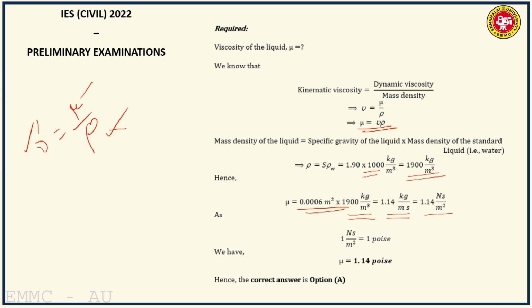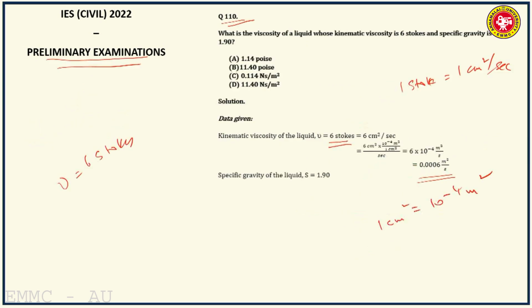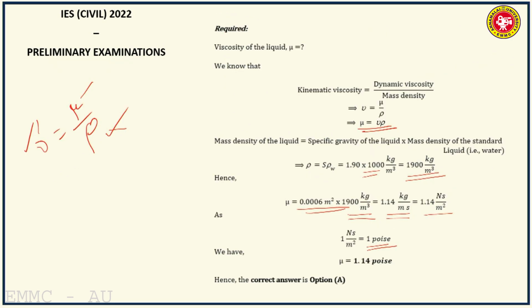1 Newton second per meter square is 1 poise. So 1.14 Newton second per meter square is 1.14. I think there is some mistake here. 1 poise is 0.1 Newton second per meter square.